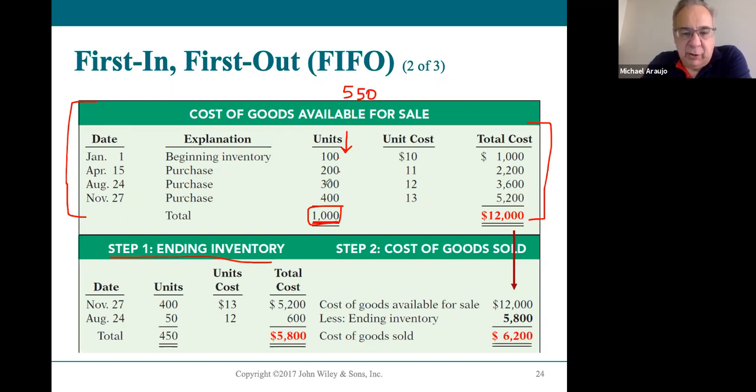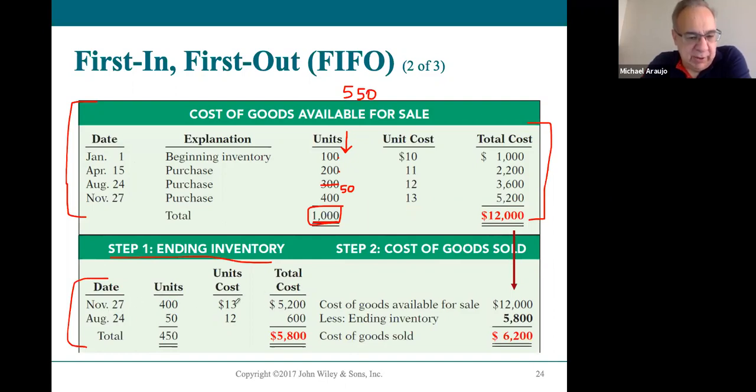Of the 300, 250 are part of the 550. The other 50 are still in the store. So ending inventory is 450. The 50 from August that are still left and all of the November purchase are still in the store. So the first thing they do here is say, okay, all of the November units are still in the store.